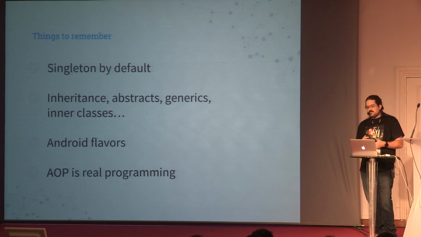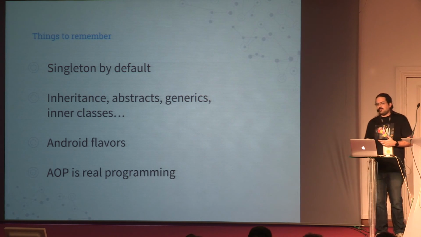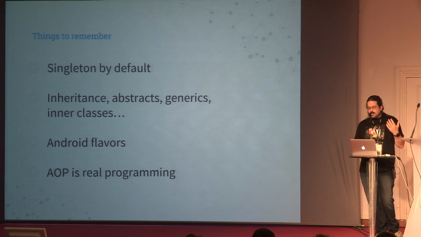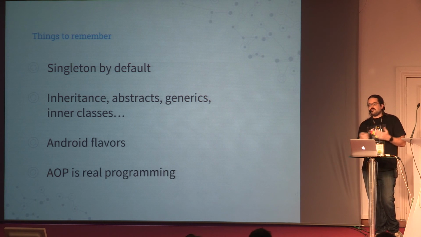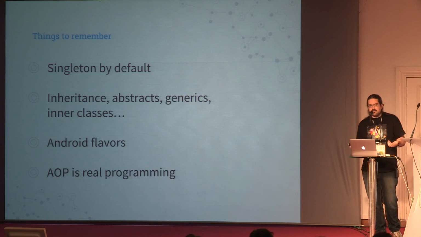So you have inheritance, abstracts, generics, inner classes, everything that goes for regular Java classes. You can create generic aspects and then implementations of those generic aspects, and you can of course have different aspects inside different flavor directories. It's standard Java code.